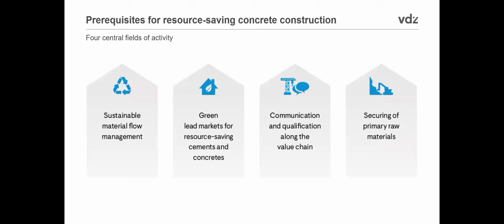If you take a building back into the value circle, then we need maybe green lead markets for resource savings, cement and concrete. It's the same as for low carbon cements. There are no lead markets for this at this time, and these have to be developed. And I think it's also on us that we need to communicate nicely about what we are doing here.